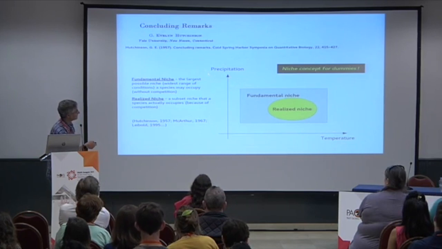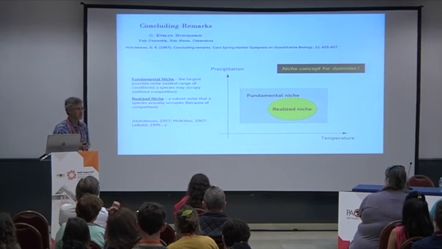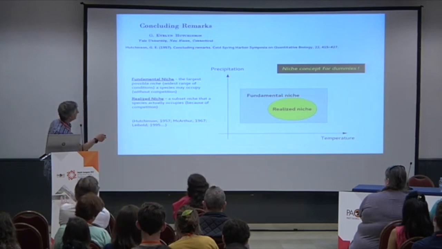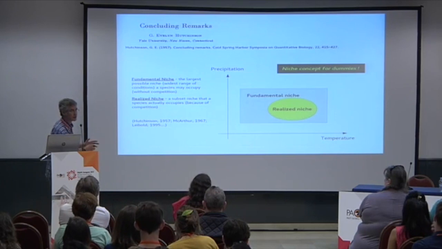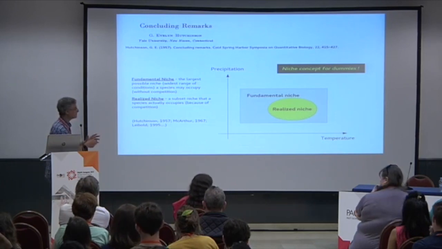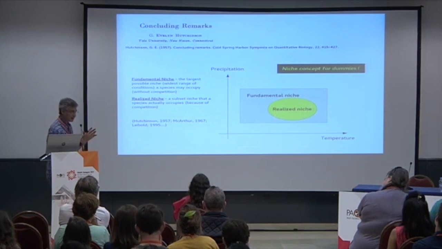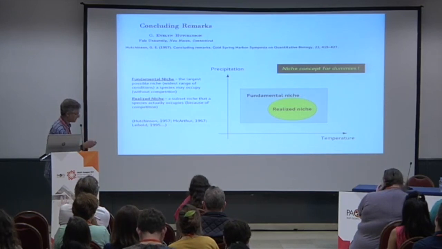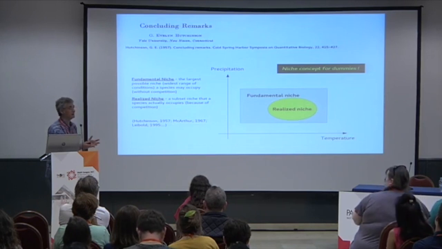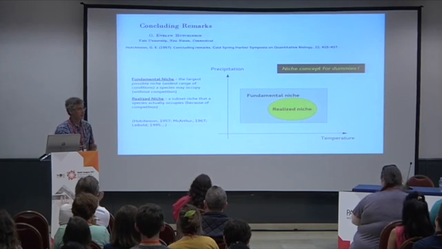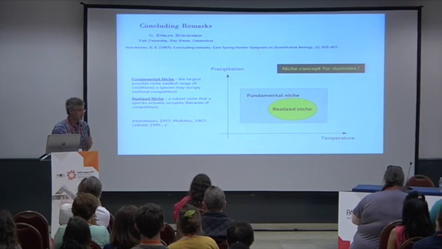And in this concept, of course, there is the fundamental niche, which represents the largest or the widest range of all the conditions that constrain the species in the geographical niche, and without competition. This is very important. And the realized niche, which is just a part of the fundamental niche, which corresponds to the areas that are occupied by the species when competition is taken into account.